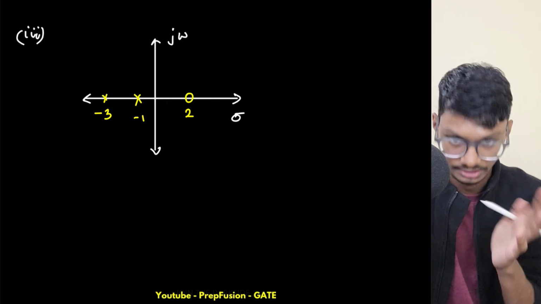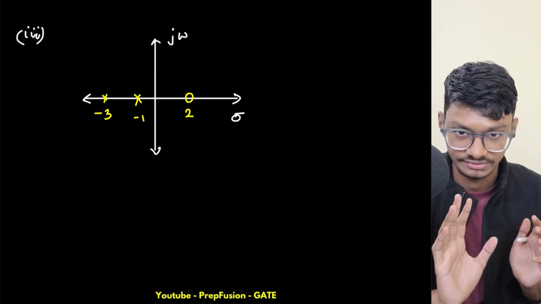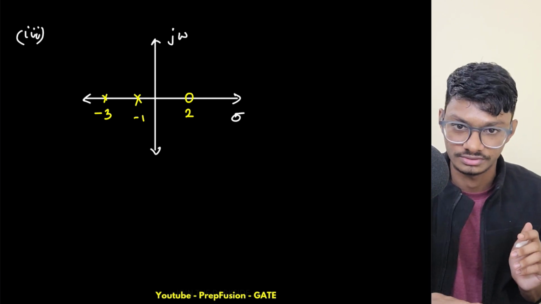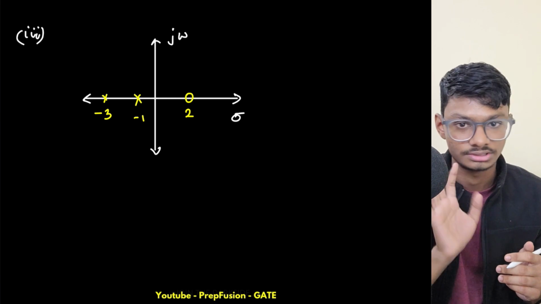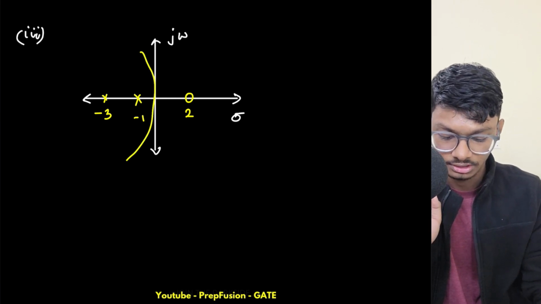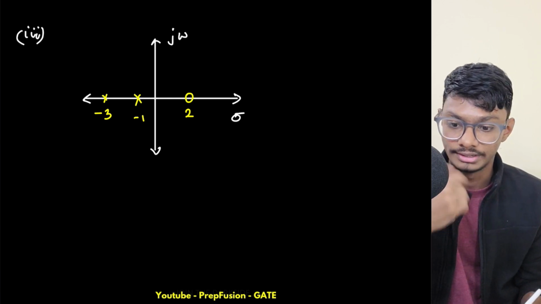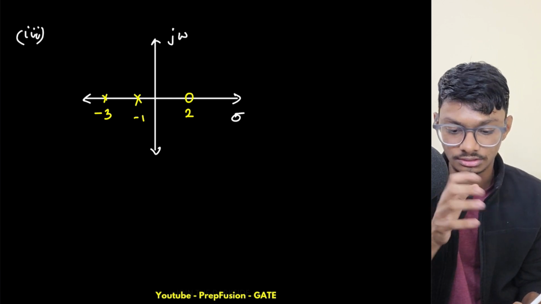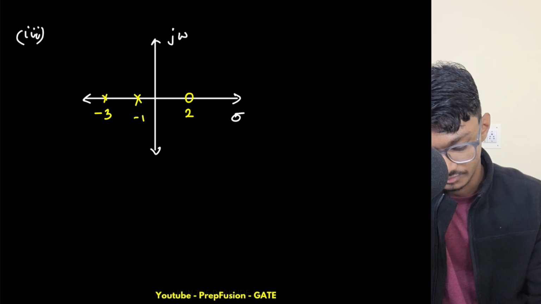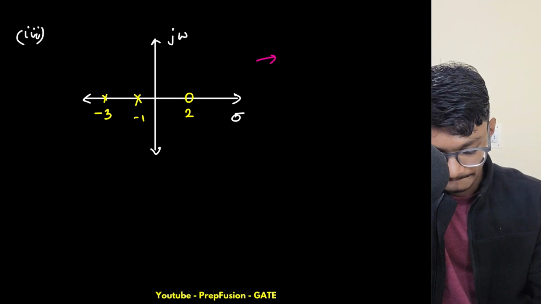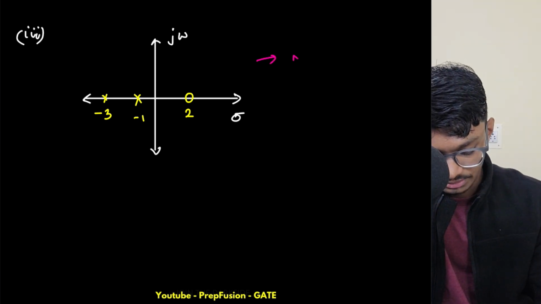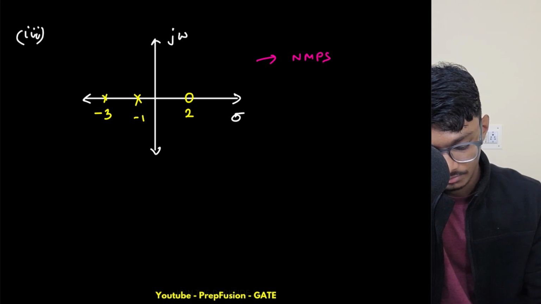This system is stable. Assume that this is the pole zero diagram of a closed loop transfer function, then you can safely say that this system is stable because all the poles are lying on the left hand side of my S-plane. But it is still not a minimum phase system. It is a non-minimum phase system, but stable.